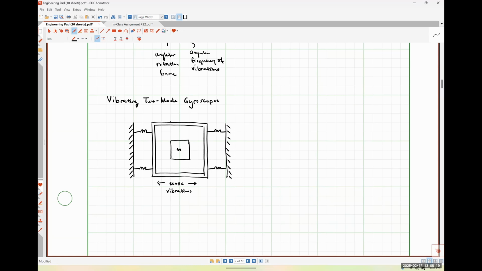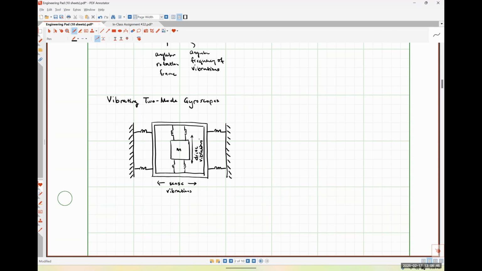And then inside of my frame, here's my proof mass, M, and I'm going to connect my proof mass to my frame with another set of springs so that I have what are called drive vibrations in this direction.